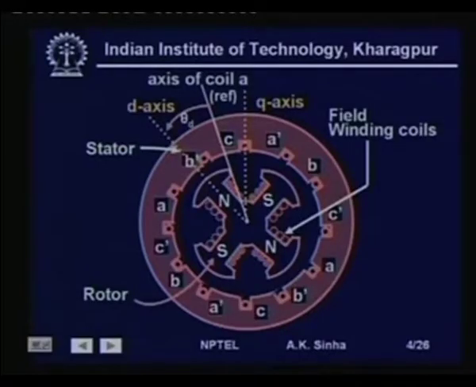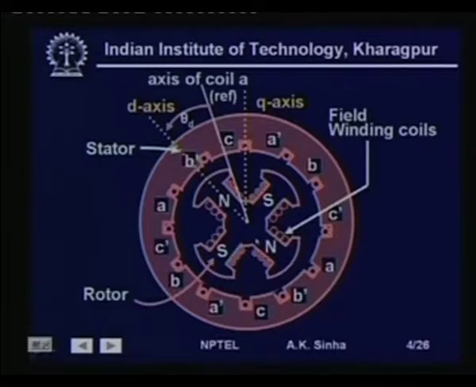In this figure here, a salient pole machine with 4 protruding poles is shown. In this machine, as we see, we have a north pole followed by a south pole, then again a north pole and a south pole.